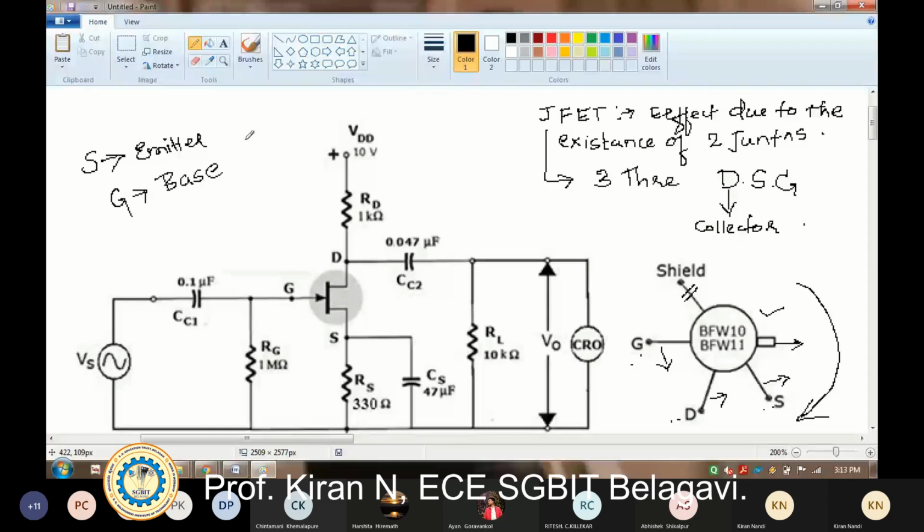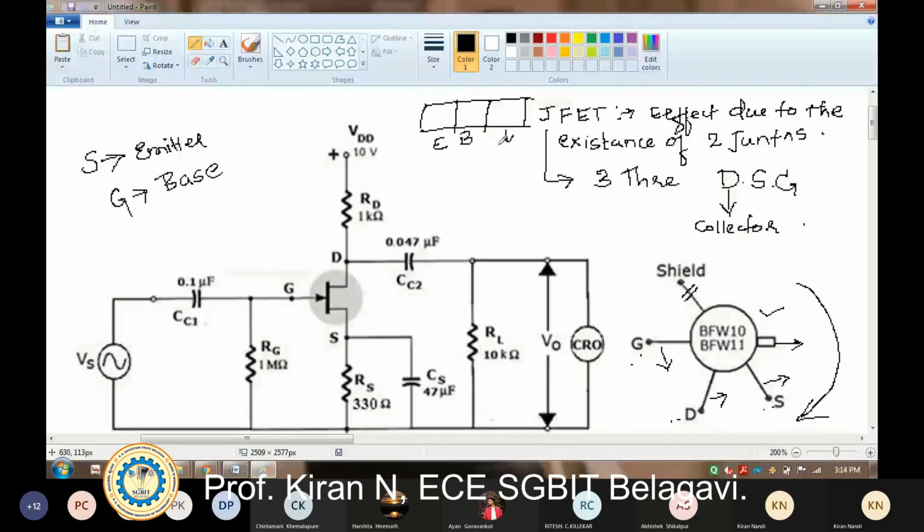During manufacture, we see that all these three terminals have different dimensions. Even in the BJT, the transistor, there is an emitter that is heavily doped, a base that is lightly doped, and a collector which is moderately doped.